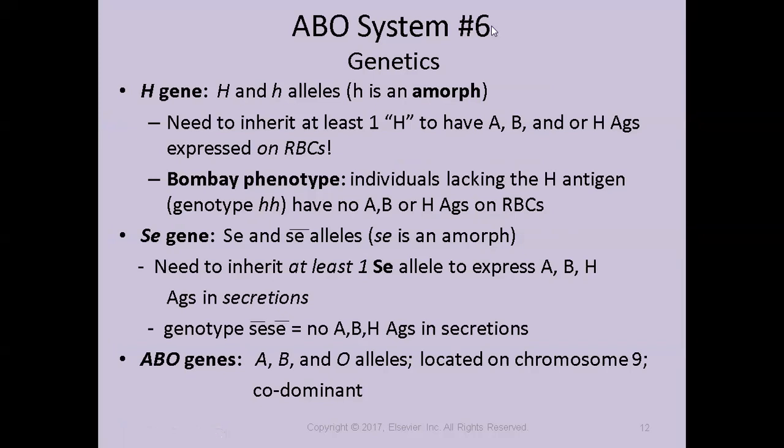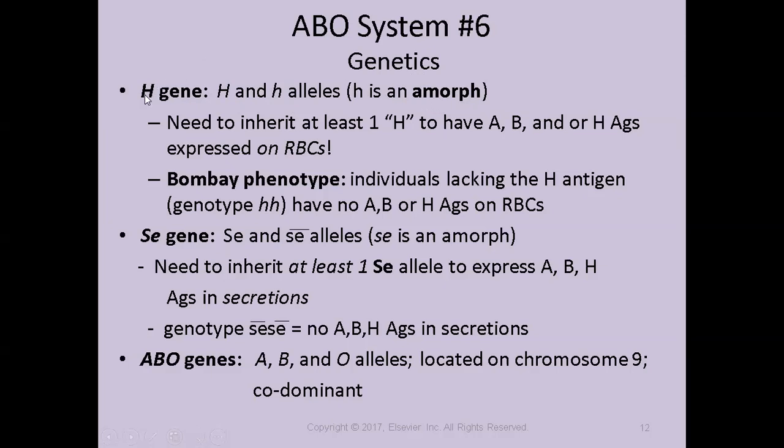We're first going to start with the big H gene, okay? So big H does code for expression of an antigen, and they designate little h as its counterpart. However, little h is what we've looked at before, a term called an amorph, meaning it has no detectable gene product.